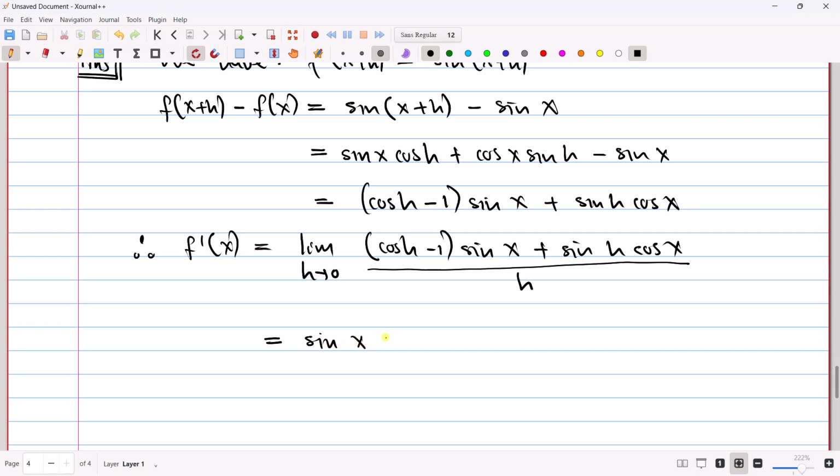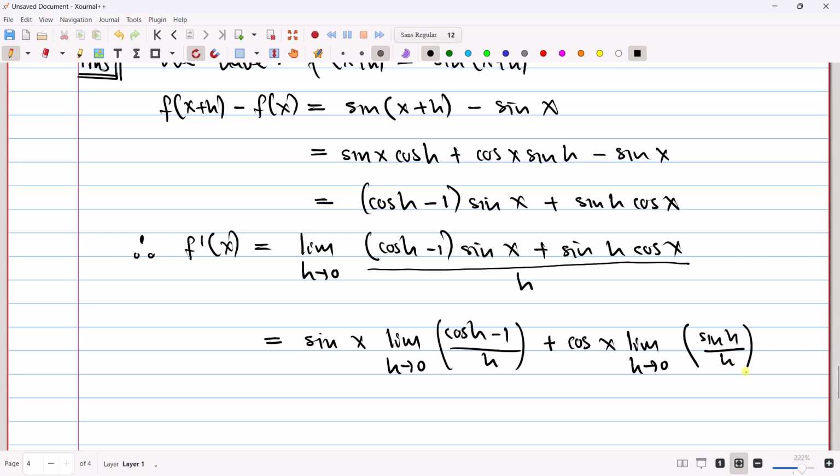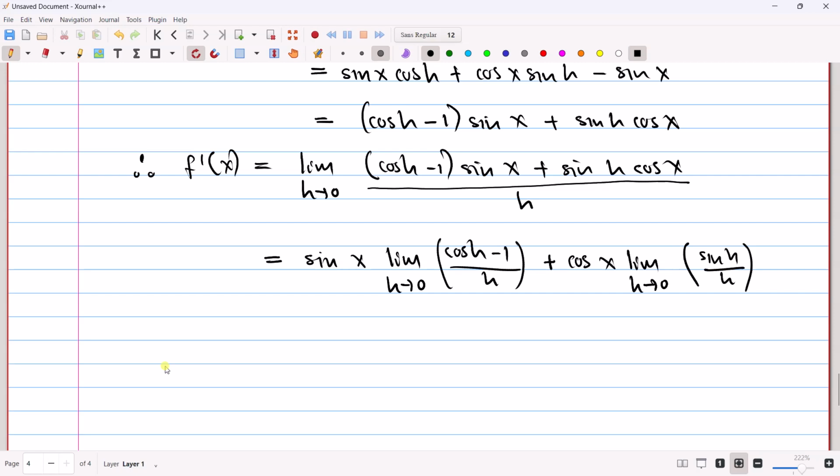Since the limit is evaluated as h varies, sine x is a constant, so we pull it out of the limit and remain with the limit of cos h minus 1 over h. Also cos x is a constant, so I pull it out and remain with the limit as h approaches 0 of sine h over h.